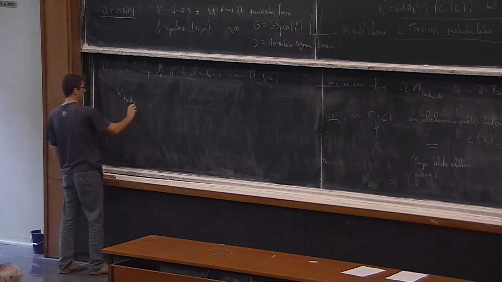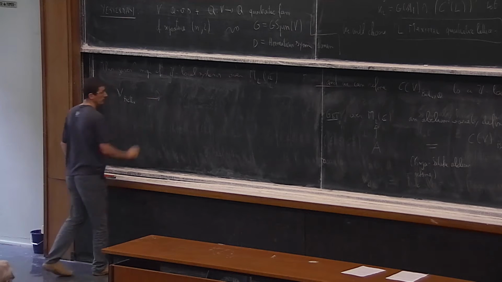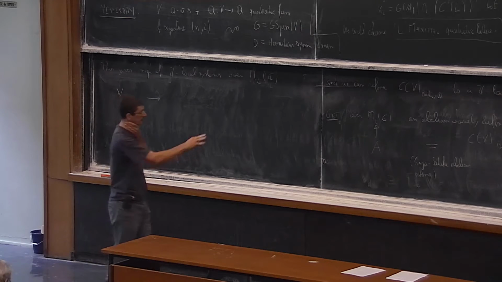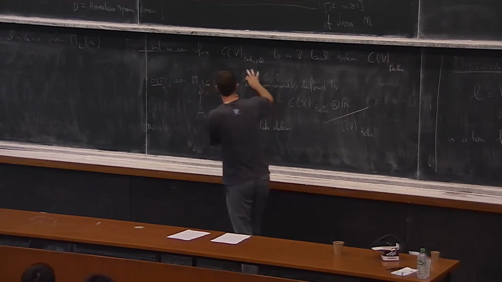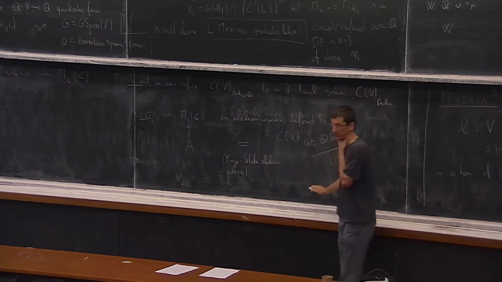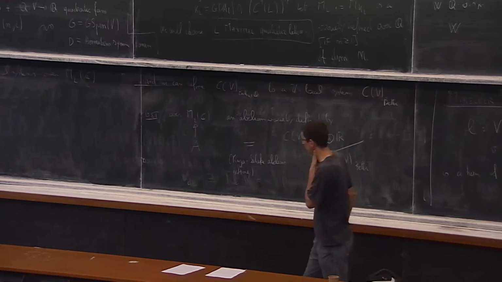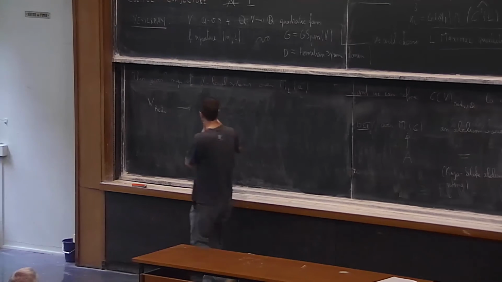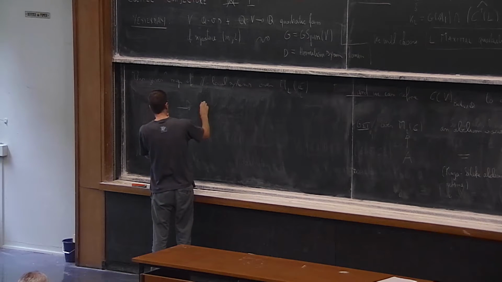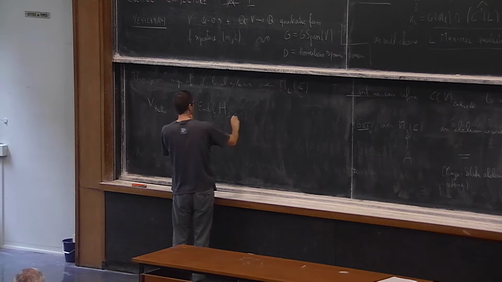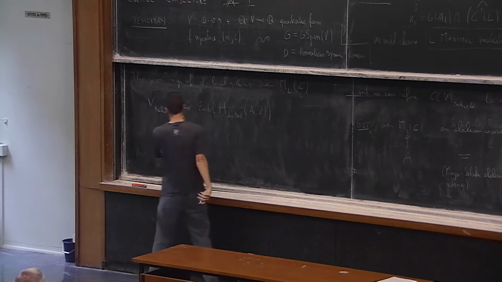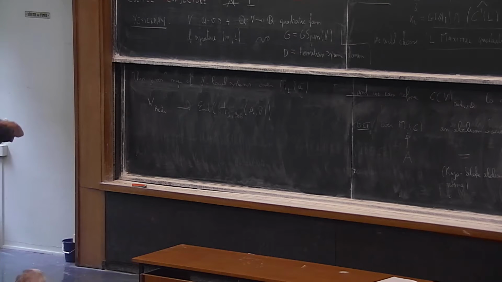From V Betti, a local system of Z modules, to the Betti realization of CV, which now that I've made some effort to introduce an abelian variety, I can simply write as the endomorphisms, as local systems, of the relative Betti homology of my abelian scheme relative to the base MLC.